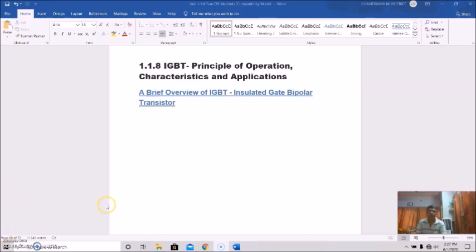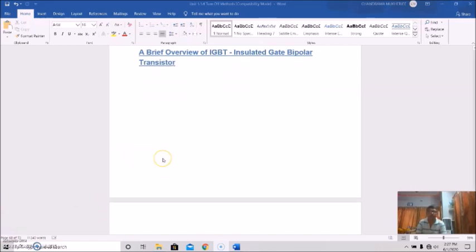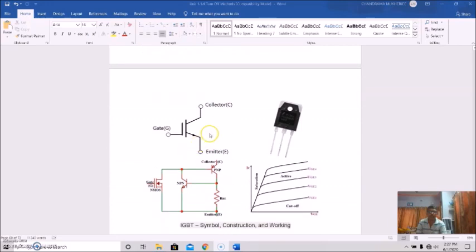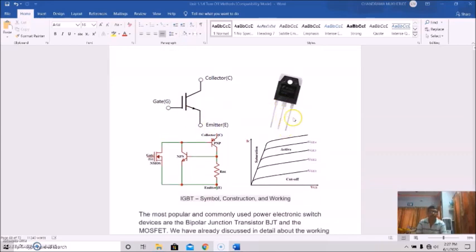First of all, a brief overview of this IGBT. This is the symbol: collector, gate, and emitter. This is how a practically available IGBT looks. This is the construction, and this is basically the working.